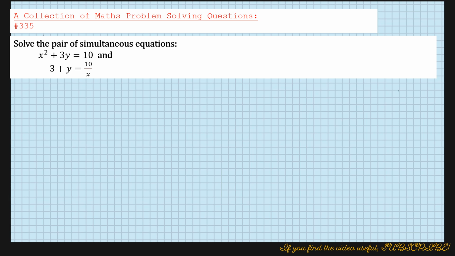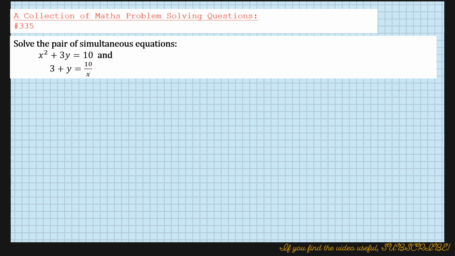Solve the pair of simultaneous equations x squared plus 3y equals 10 and 3 plus y equals 10 out of x. So what we can do is substitute the value of y from the second equation into the first.